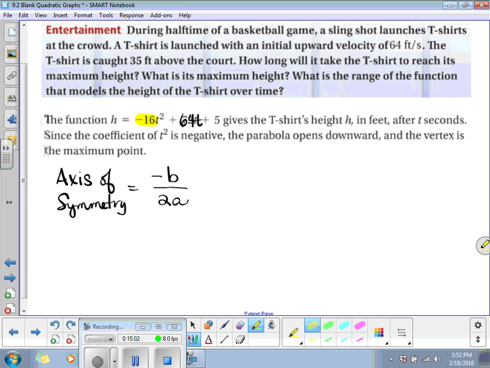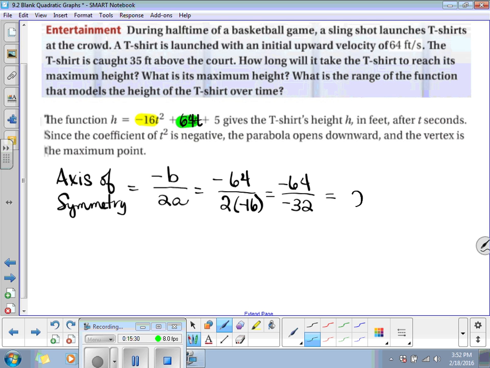A is -16, and B is 64. So we've got -64 over 2 times -16. That gives us -64 over -32, which gives us a positive 2.